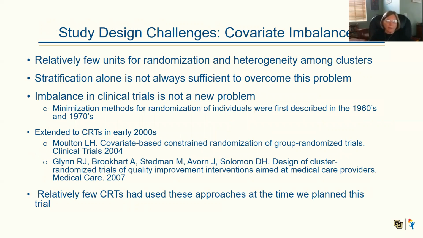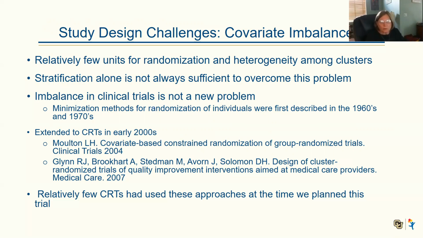So one of the initial challenges that we had to address was covariate imbalance. These counties were very different. There was a lot of heterogeneity among the clusters, and stratification alone is not always sufficient to overcome this problem.